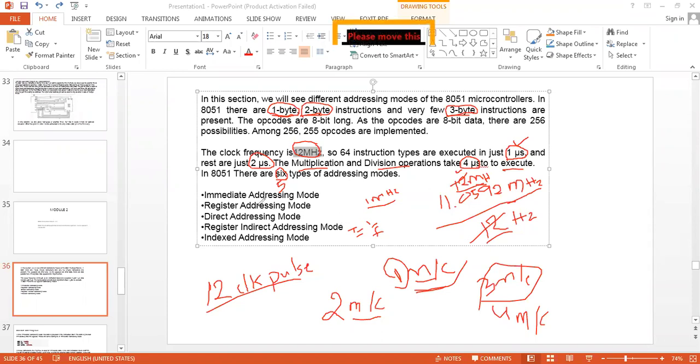Okay, those are immediate addressing mode, register addressing mode, direct addressing mode, register indirect addressing mode, or it is directly called as indirect addressing mode, and indexed addressing mode. Okay, we will see what is the actual format to write each of these addressing modes, and what is actually the function where we can apply it.